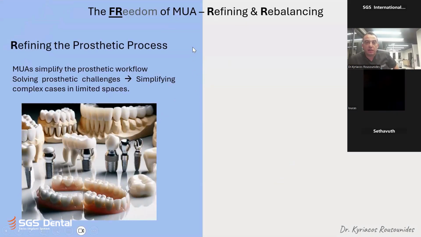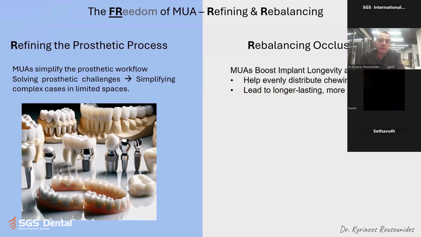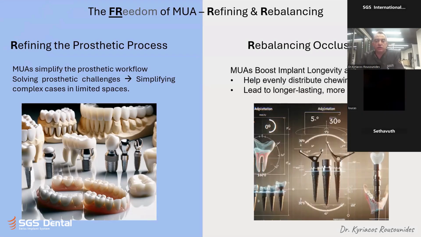The other benefit of the multi-unit abutments is that they can refine our prosthetic and rebalance our occlusal forces. They help us distribute the chewing forces, and this leads to longer lasting results in the mouth and more successful implants.